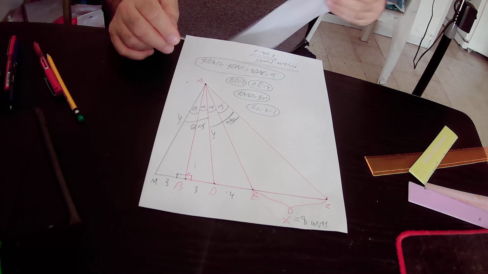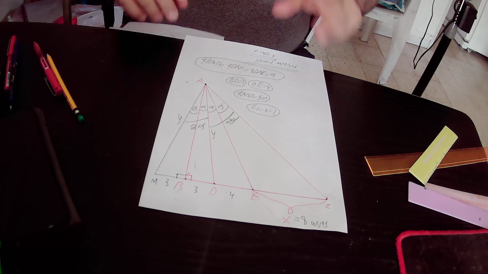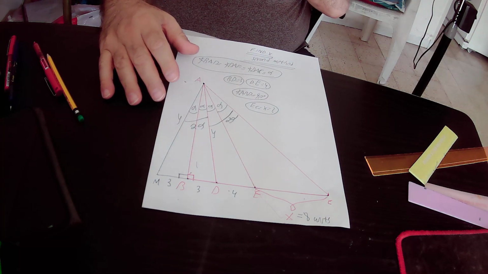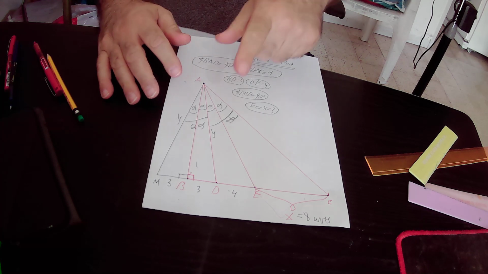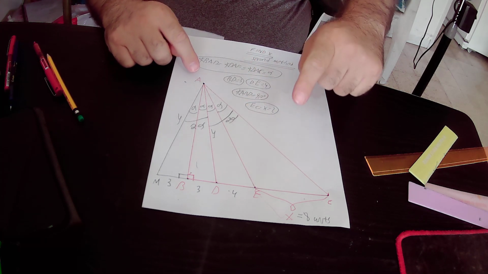Then we focused on the big triangle, triangle AMC. We know that in this big triangle, AD is the angle bisector. Why is AD the angle bisector in triangle AMC?